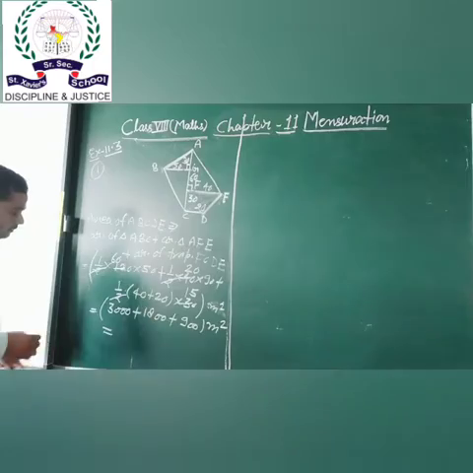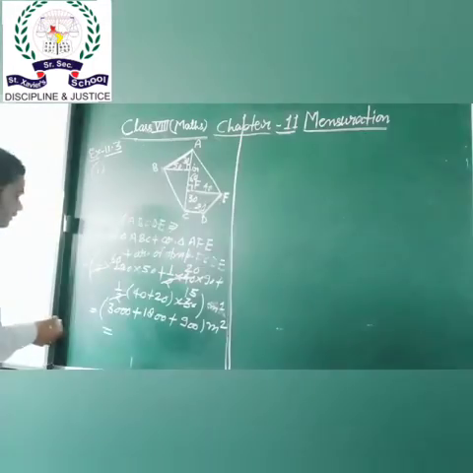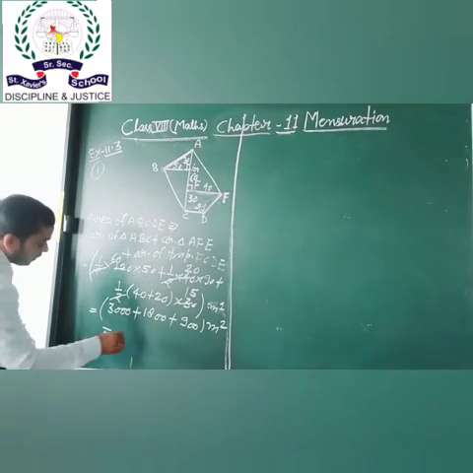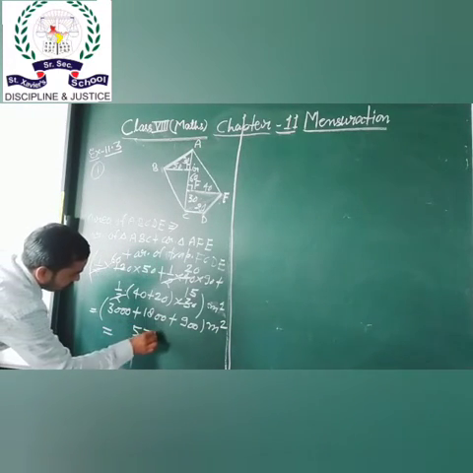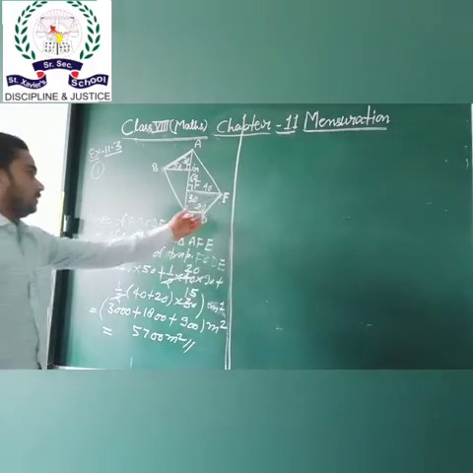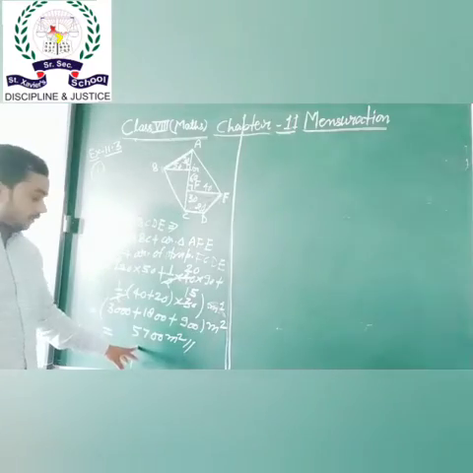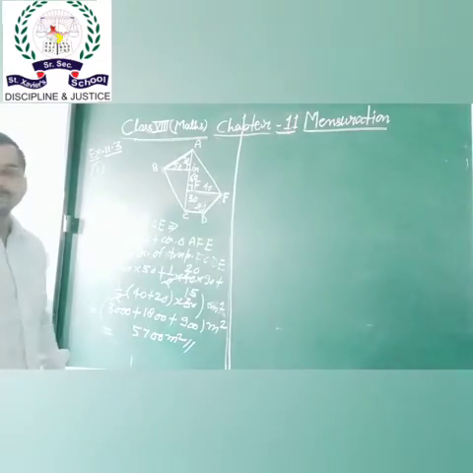Then add 18 plus 9 is 27, 3000 plus 2700, so we have 5700 meter square. So area of the polygon ABCDE equals 5700 meter square.